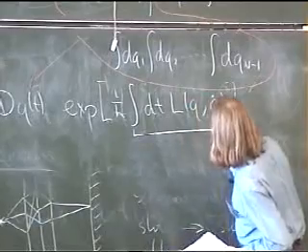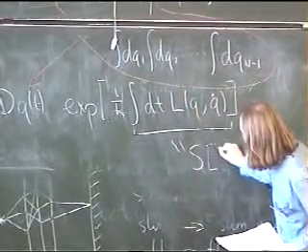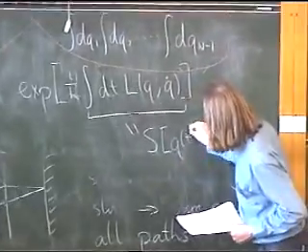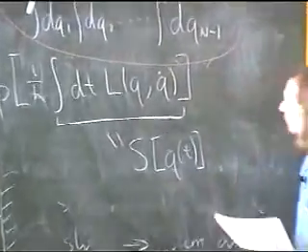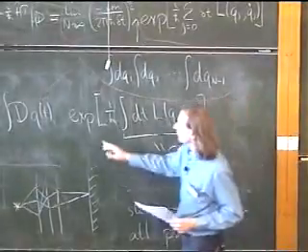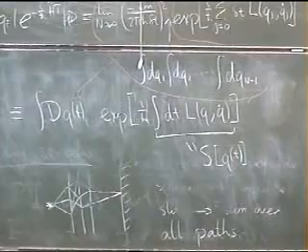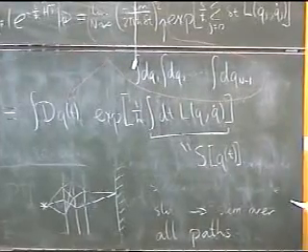So this thing here is just the action, which depends on some chosen path, q of t. This is the amplitude, the exponential of i over h bar times the action, for a given path, and then you sum over all possible paths. So that's what the path integral is.